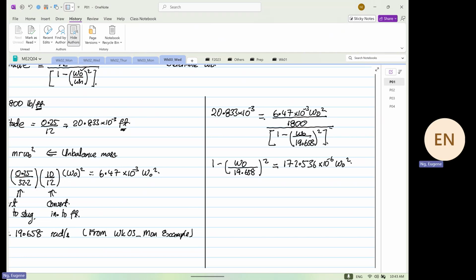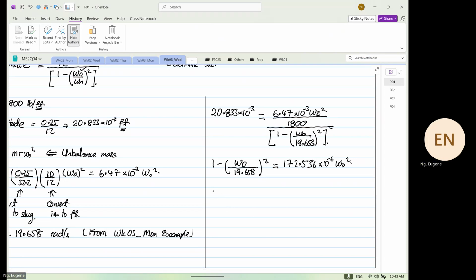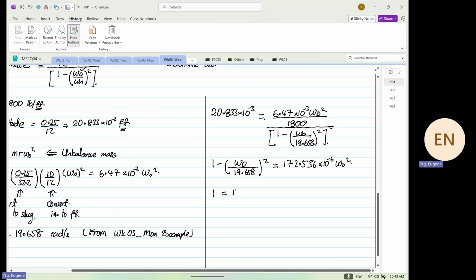So once we have this, we can write down 1 minus, or 1, we bring it over to the other side: 172.536 times 10 to the power minus 6 omega naught squared, plus omega naught squared divided by 19.658 squared.